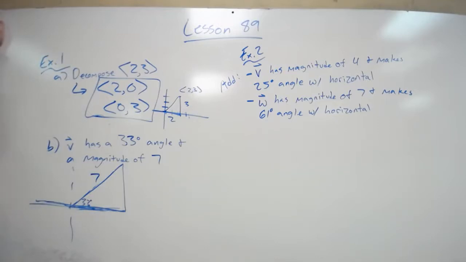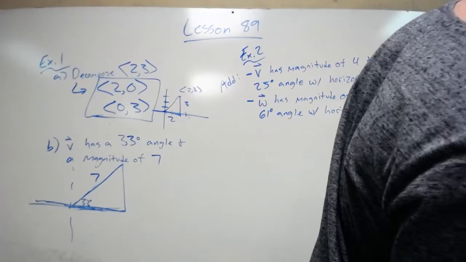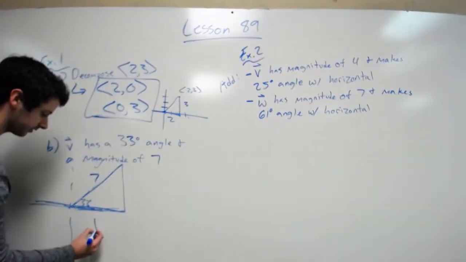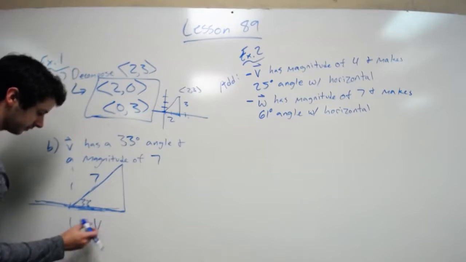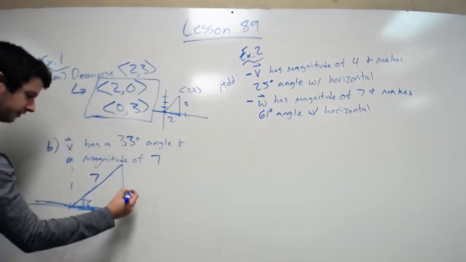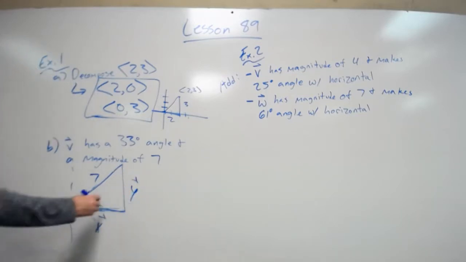It says draw the vector, use trigonometry to find the magnitude of vector x and vector y. Notice vector x is horizontal, vector y is up and down.